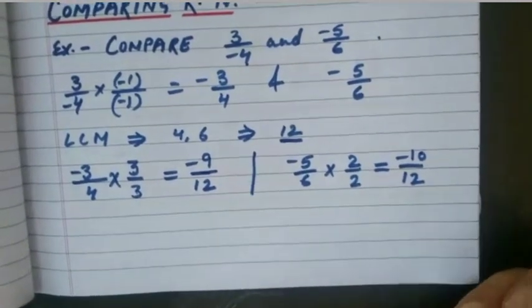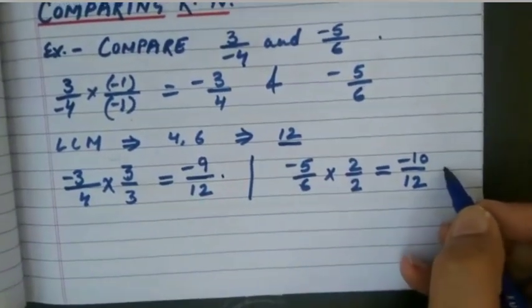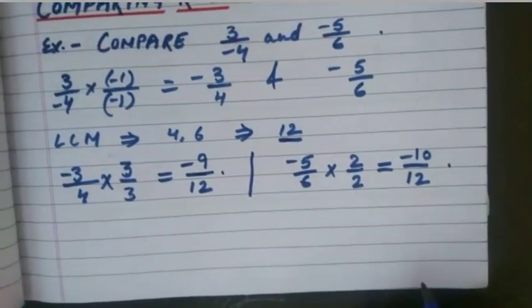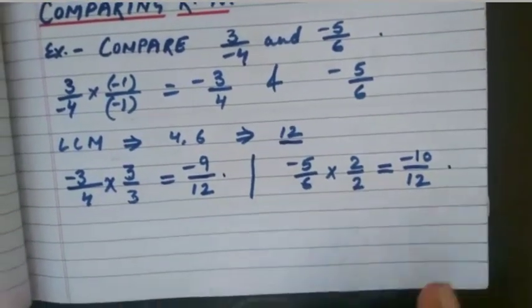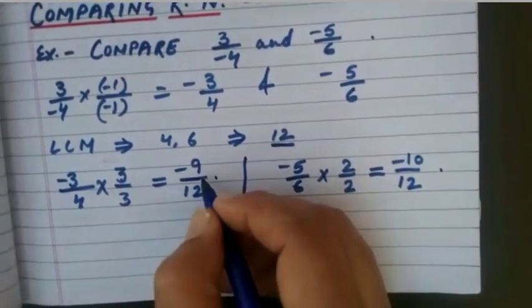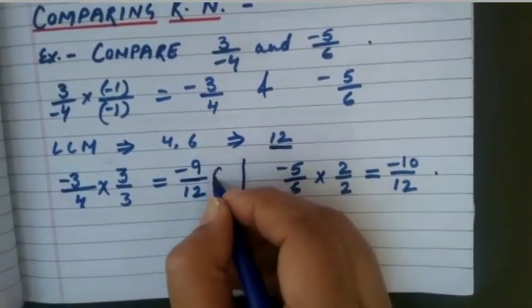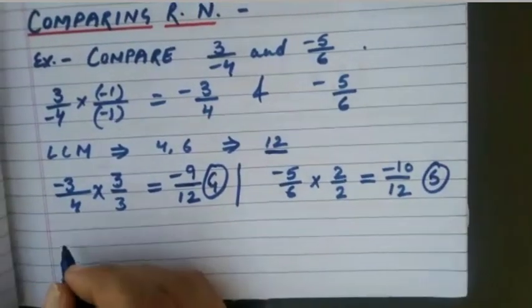Now you can see this. It is minus 9 upon 12 and minus 10 upon 12. Now you imagine the number line which I told you. When you represent minus 10 and minus 9 on the number line, which will come first? Minus 9 will come first. So this is the greater number and this is the smaller number.